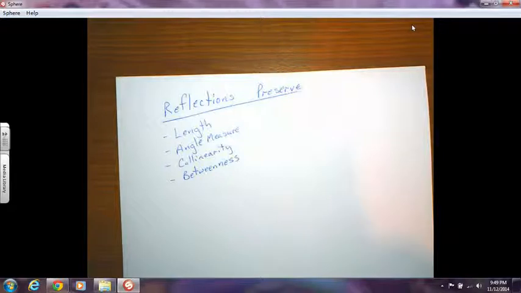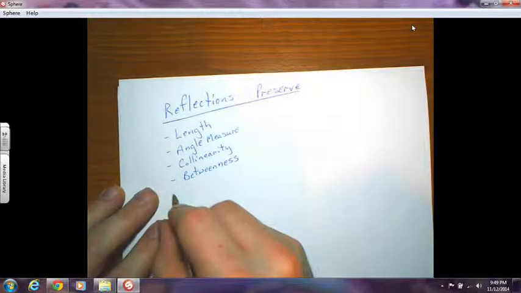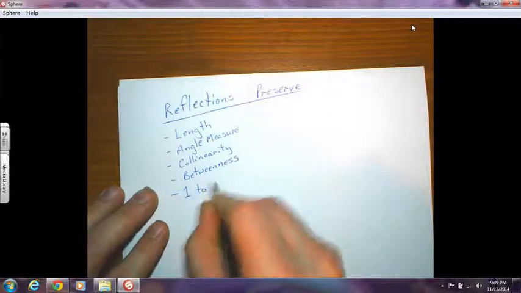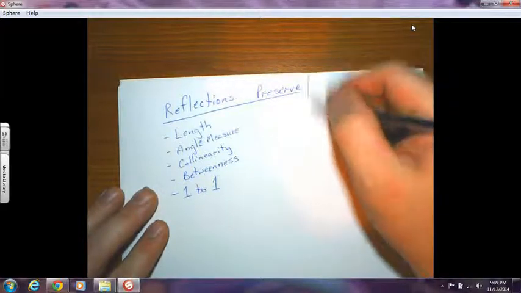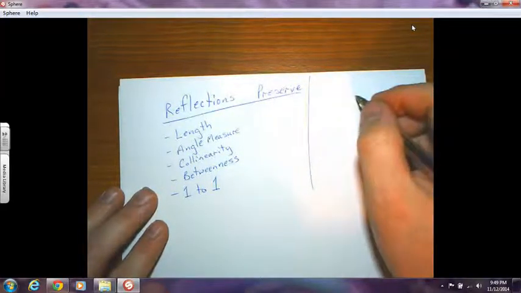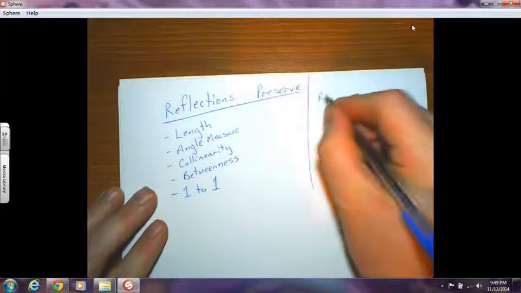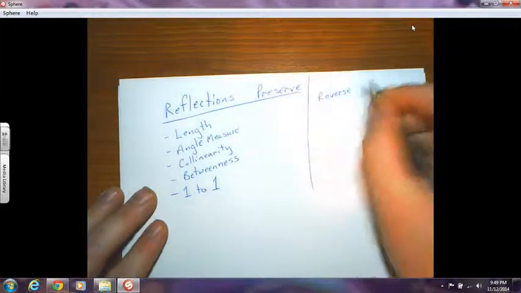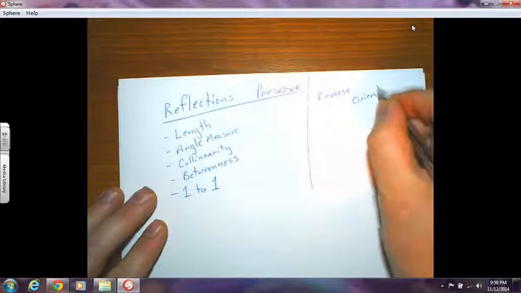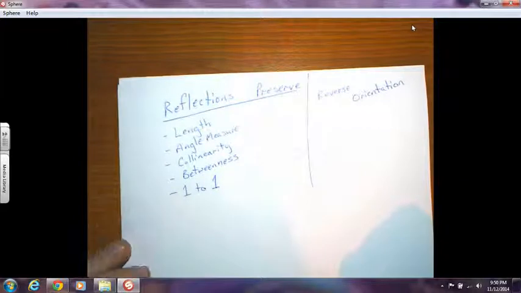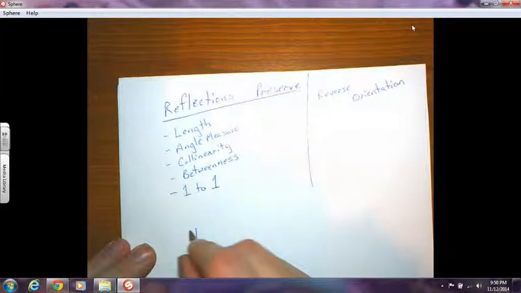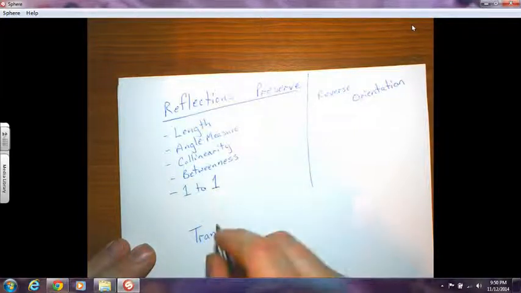And we saw, I guess the other thing, is that one-to-one was preserved. And there was one thing that reflections reversed, and that was the orientation. Since we put two reflections together, if the reflection preserves all of these things, then that means that doing two of them is still going to preserve it.